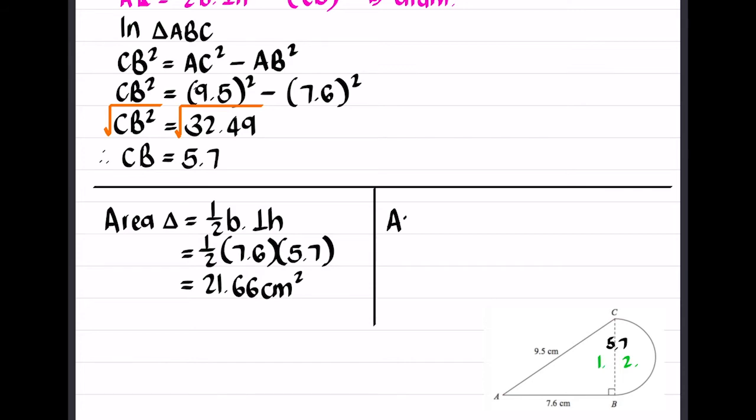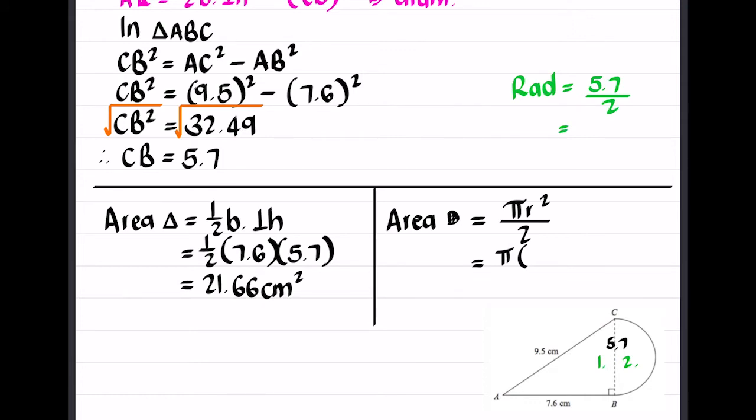I can also calculate the area of the semicircle. And that is equal to the area of a normal circle, which is pi r squared, but it's a semicircle, so I'm going to divide it by 2. So that gives me pi. The radius of the circle is equal to half the diameter. So the radius is equal to the diameter, which is CB, 5.7 divided by 2.